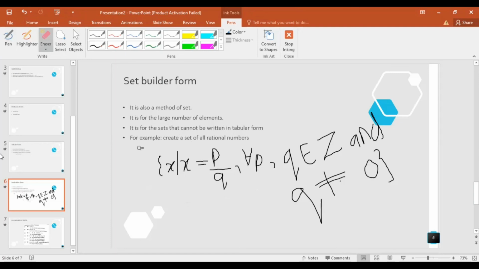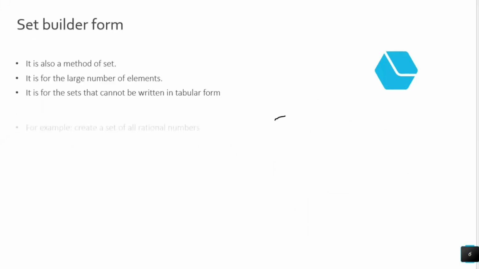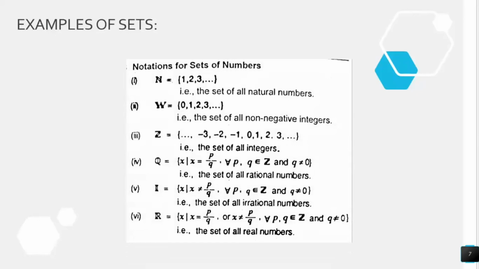Let me show you some other examples of this, more examples of the methods of set. Here I have pasted a picture. The first is a question to write the set of all natural numbers. So we write it like this.